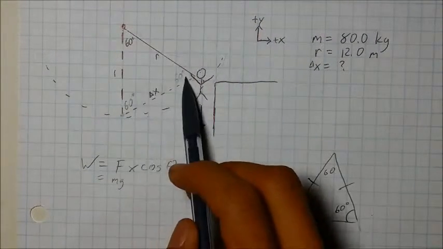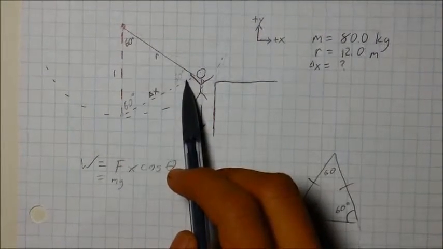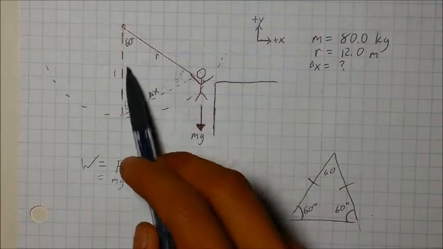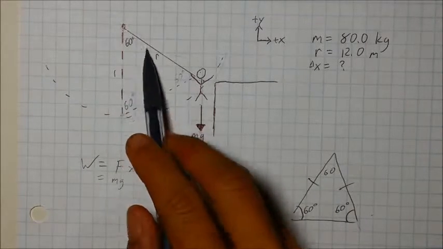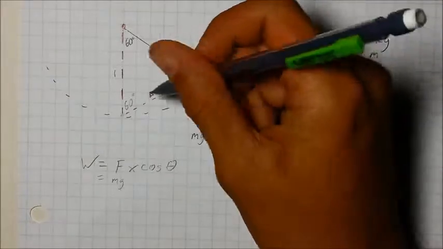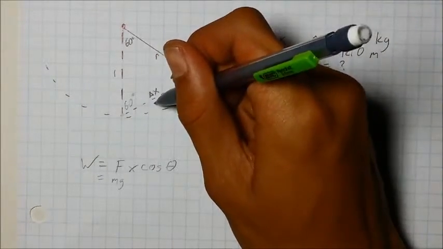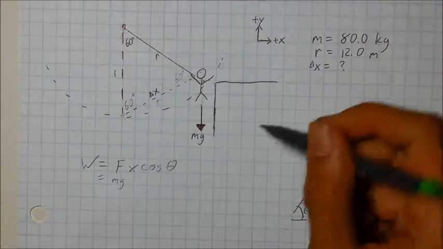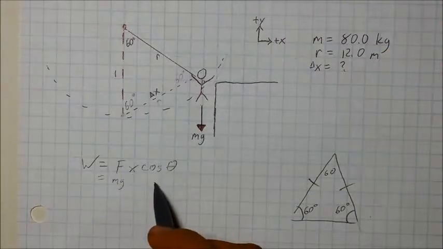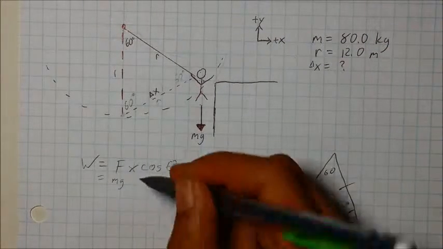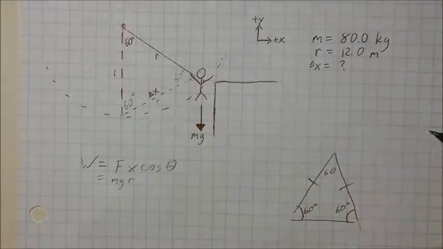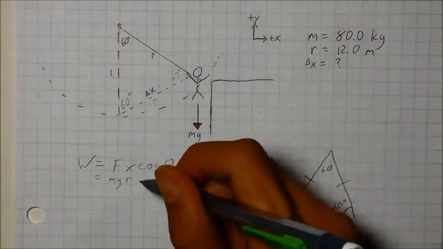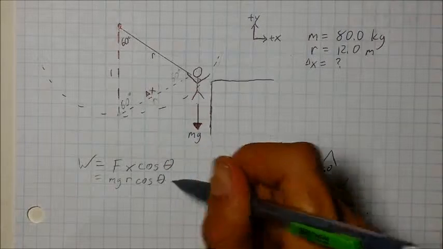Now we can see this is an equilateral triangle too. So this is length R, that's length R, so the change in X, its displacement, is also R. We can put into this equation X is equal to R, and then cosine theta.